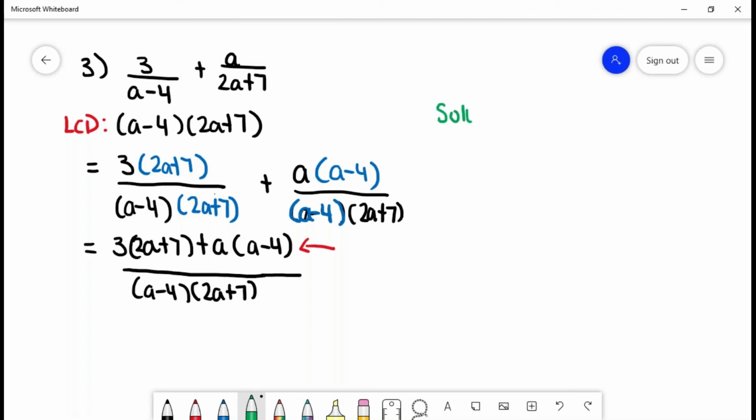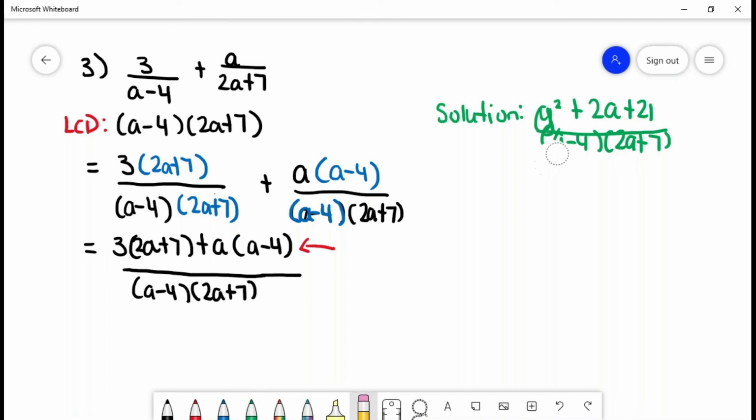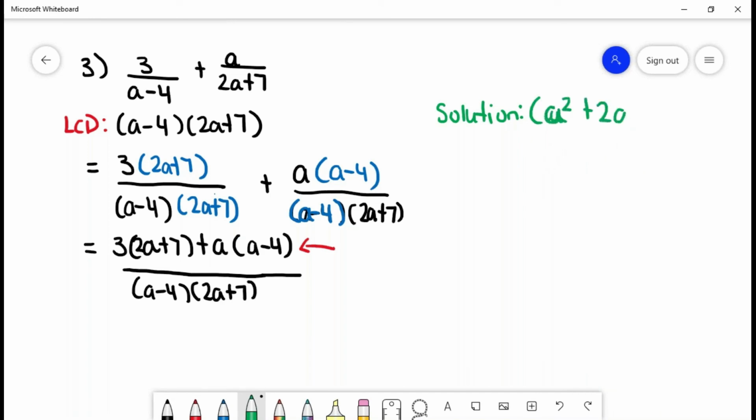The solution is going to be a squared plus 2a plus 21, divided by (a - 4) times (2a + 7). I'll write this out once again for you guys: a squared plus 2a plus 21 divided by (a - 4) times (2a + 7).